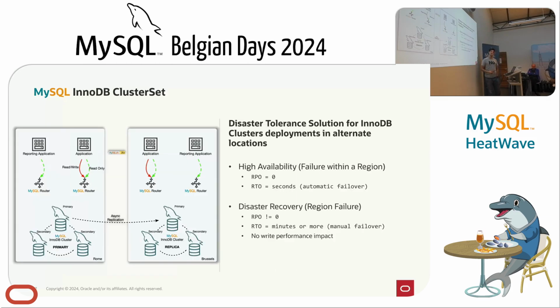Two years ago, in 8.0.27, if I recall correctly, we came out with this new solution for disaster tolerance. We called it ClusterSets because these are sets of clusters. They are connected through an asynchronous channel. This asynchronous channel has a built-in auto failover feature.